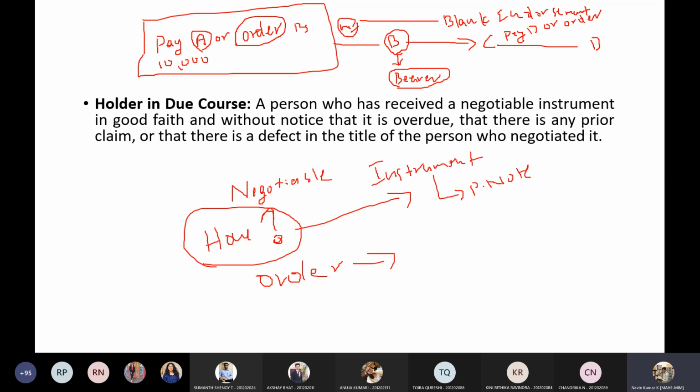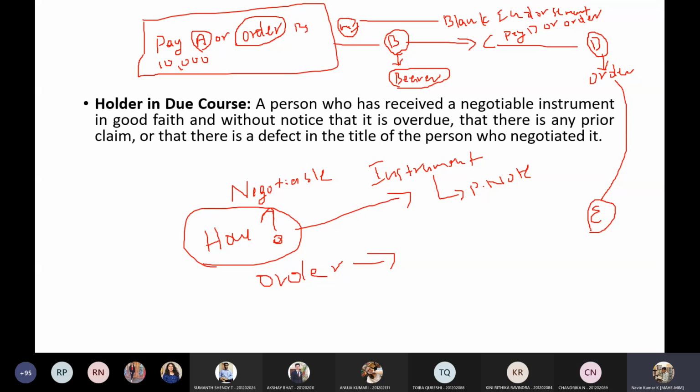He'll add just that, pay D or order, and give it to D. Now, is the instrument in the hands of D an order instrument or bearer instrument? Order instrument. It is the order instrument now.